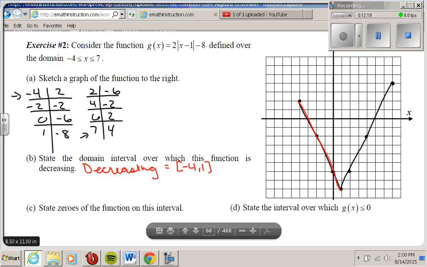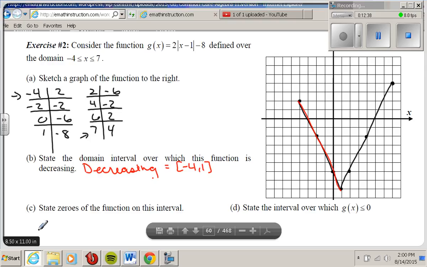Right? The x values, you're looking at the x values. Where on the x-axis is it decreasing? And where is it increasing? Am I asking where it's increasing? No, I just want where it's decreasing. Okay, so that's where it's decreasing.